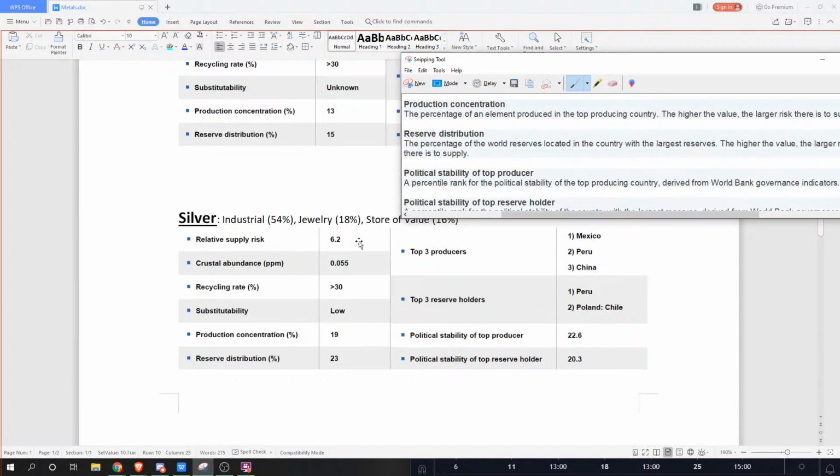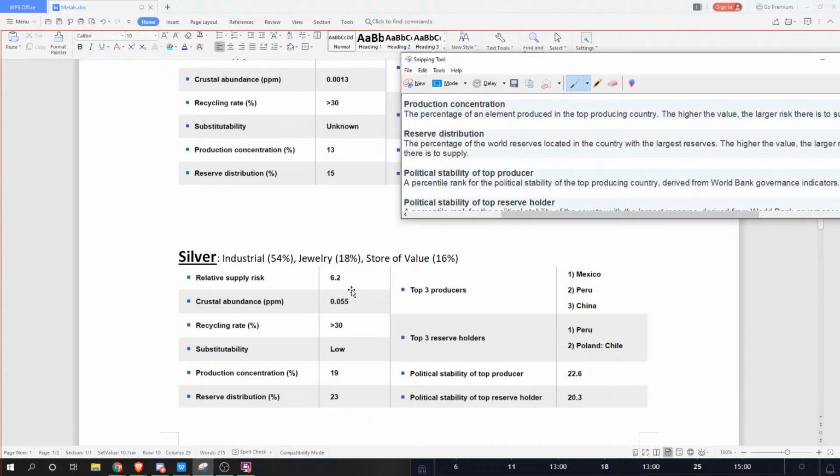The relative supply risk is a little bit higher at 6.2, so that means there could be a potential reduction in supply, which would then create a kind of bidding war to receive that asset. So there's a higher probability of a supply shock coming into the market of silver. The recycling rate is yet again over 30, just like gold.